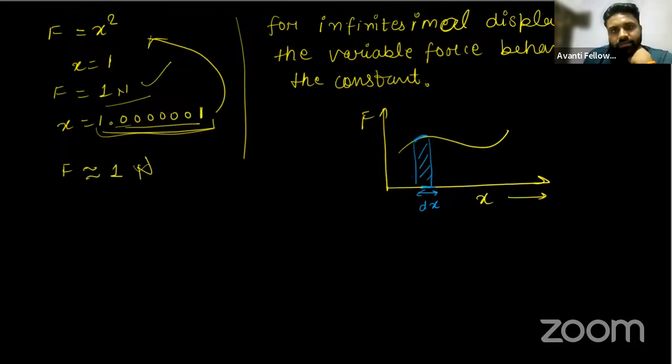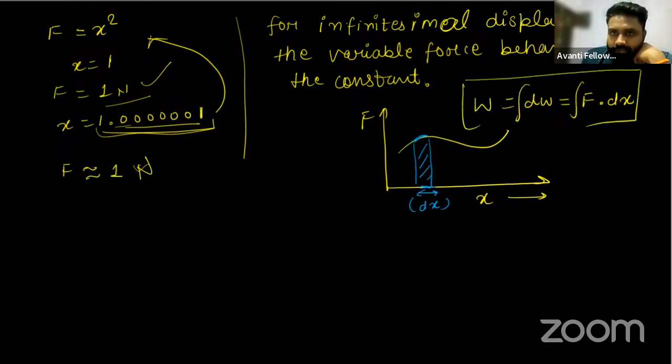So work done here is, because the displacement is very small, the work done will also be very small, which is dW. It is nothing but f dot dx, and if you integrate it, then you will have the total work done. These are the limits: the object has been moved from x1 to x2, so the limit will be x1 to x2.